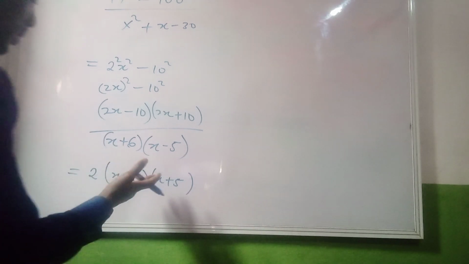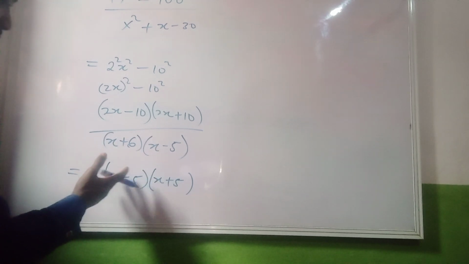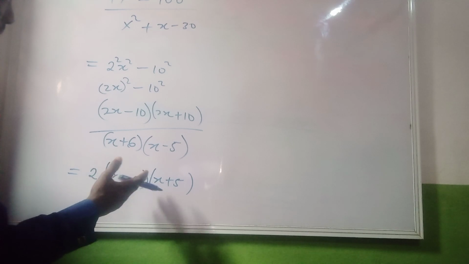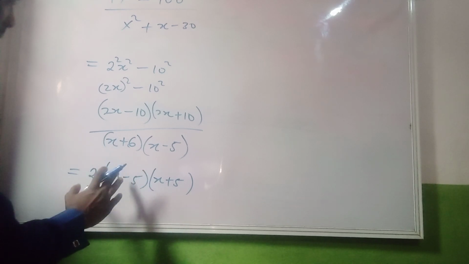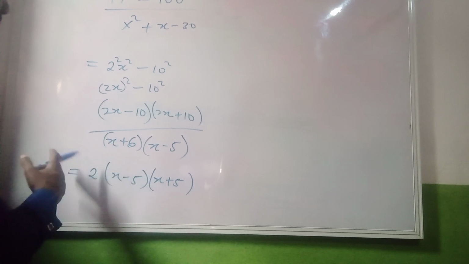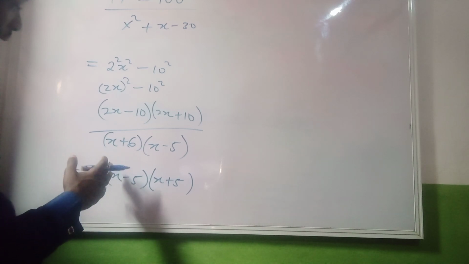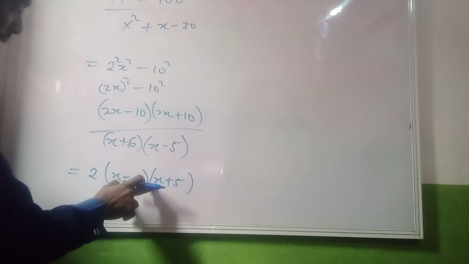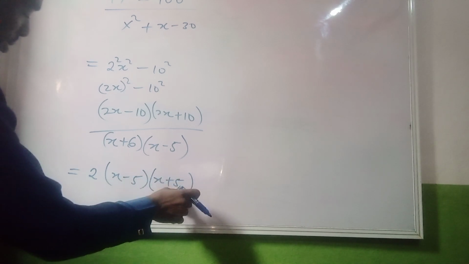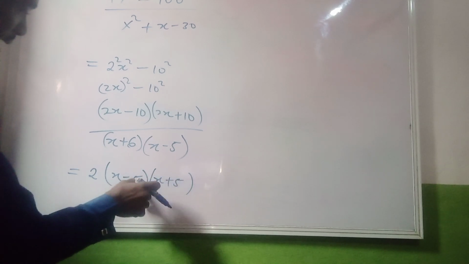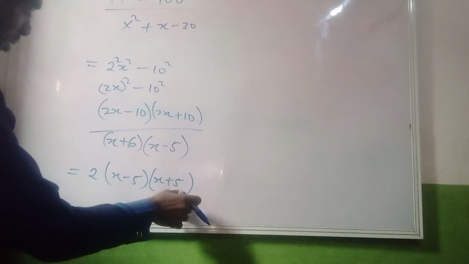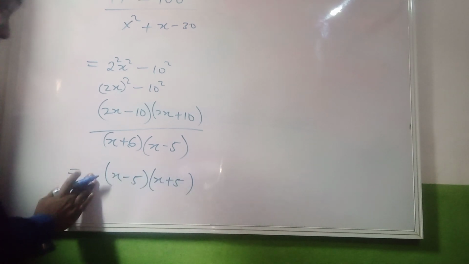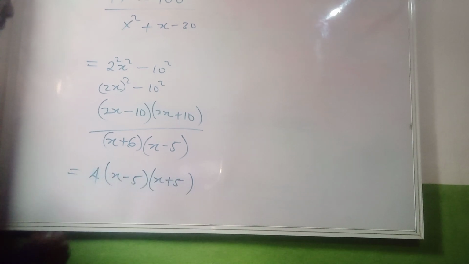If I open this up, I'm going to have x squared, and 25 times this. So it's supposed to be 4, so 2 times 2 gives 4.